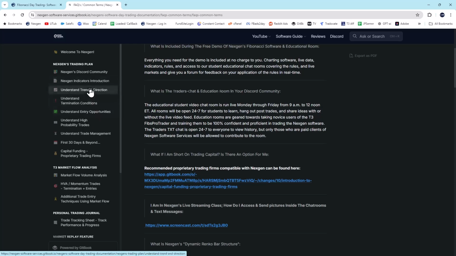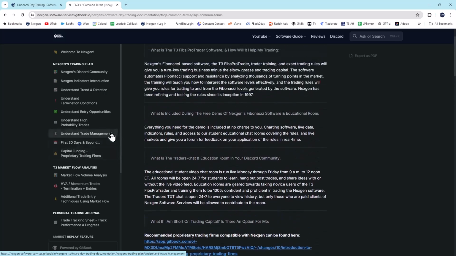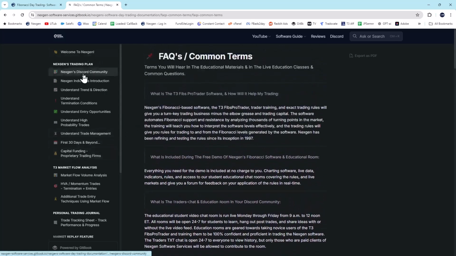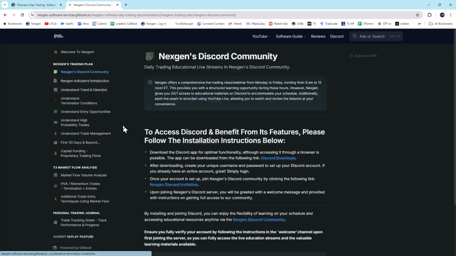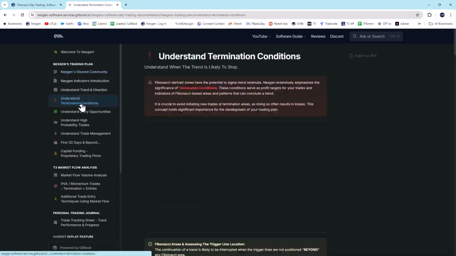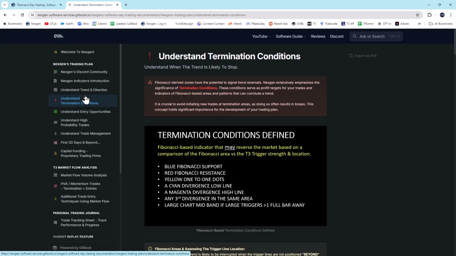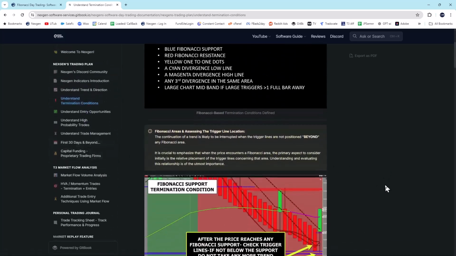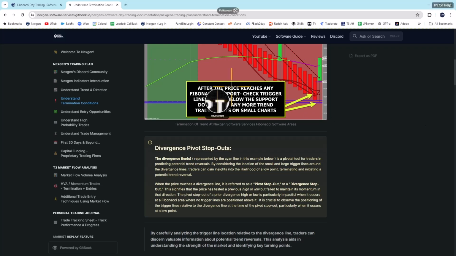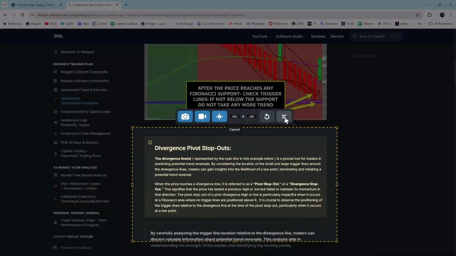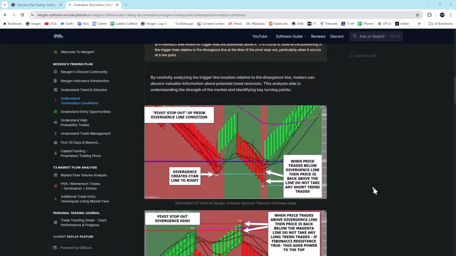So, again, when you're going through our user guide, we start off with understanding termination conditions. And I just want you to know where it's at, okay? And a pivot stop out, and again, this is the section right here where it is: divergence, pivot stop outs.